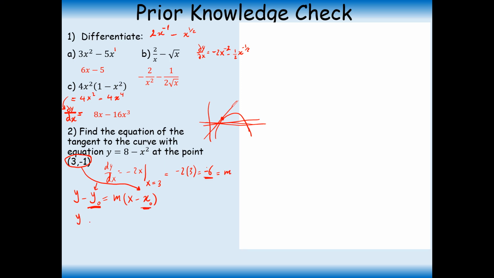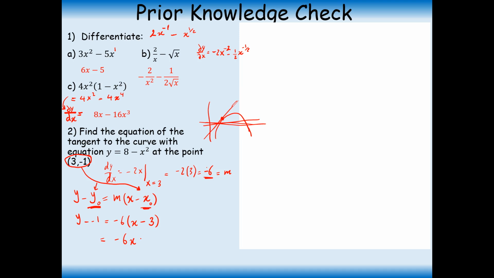Substituting that into the formula, we'll have a minus and minus 1, negative 6 multiplied by x. The first x is part of the equation that doesn't get replaced by anything. The x value is 3, so we have y plus 1 equals, first I'm going to multiply the bracket here.